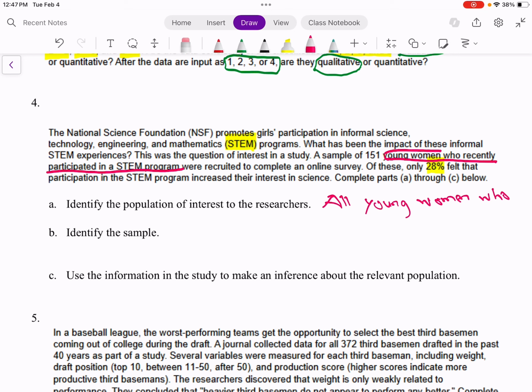Out of all of them, we only have 151 in our sample. So the 151 women who participated in STEM are the sample.